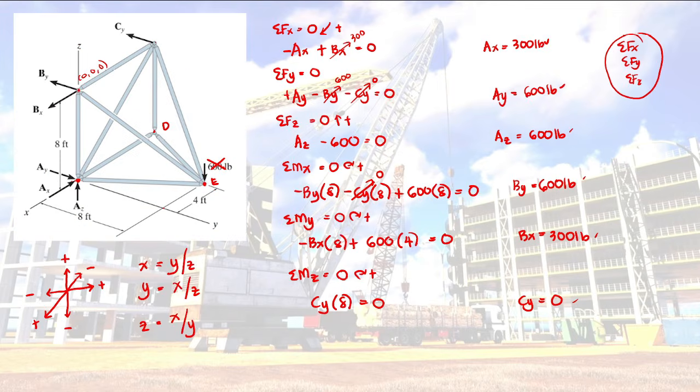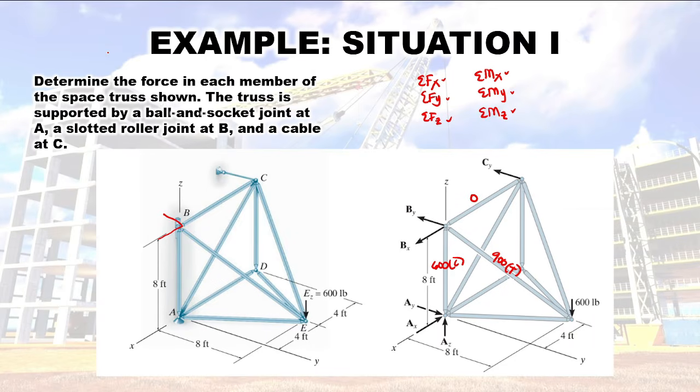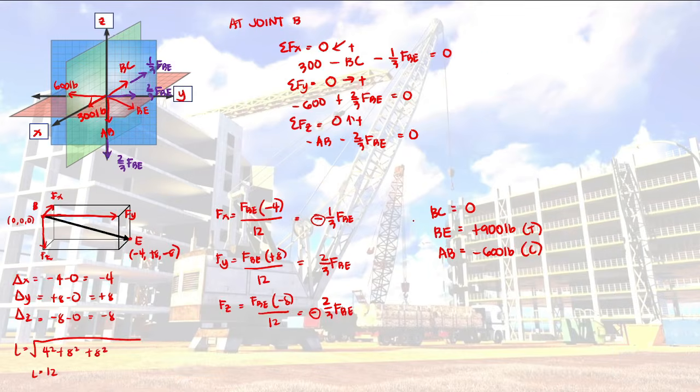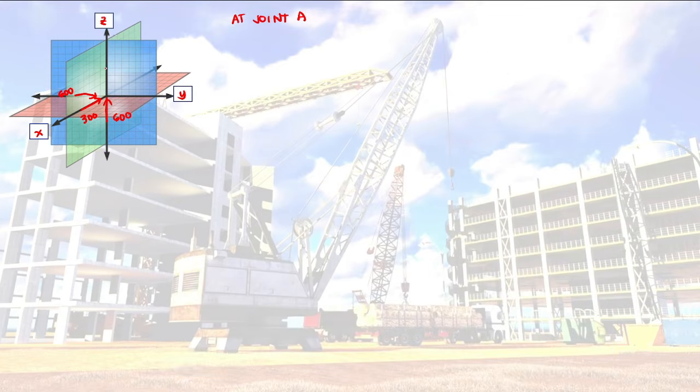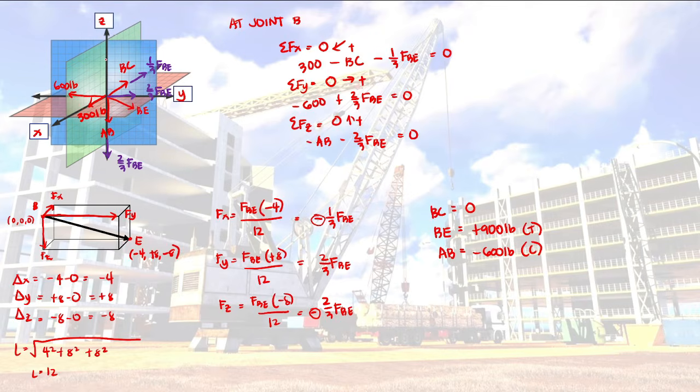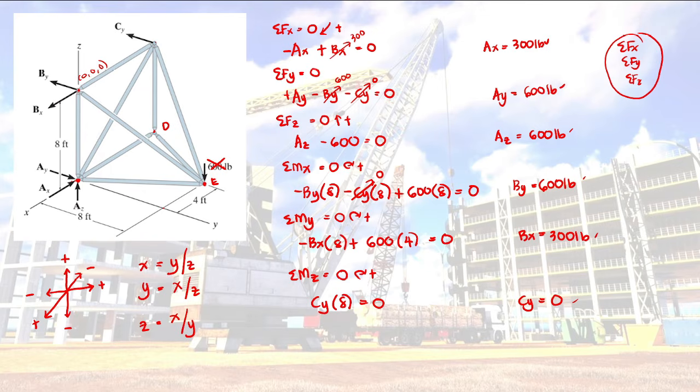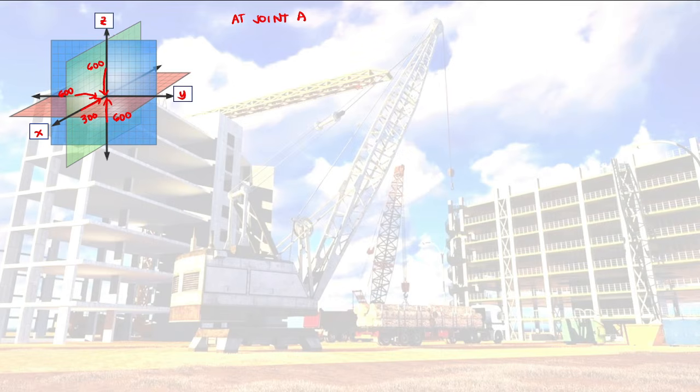So ano mga members sa A? So we have AB. But we already solved it as 600 compression. So, lagay natin 600 compression. So, it is going into our joint. What else? Meron din tayong member AC. So, our AC is here.